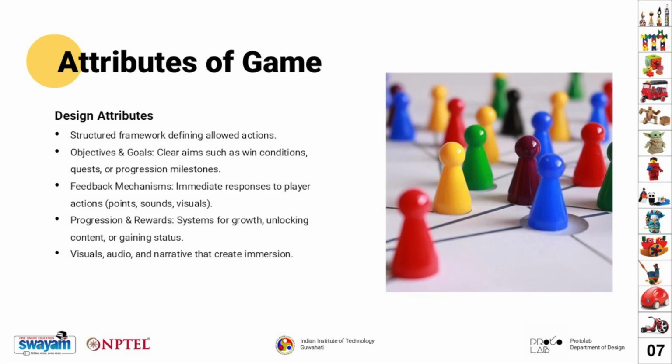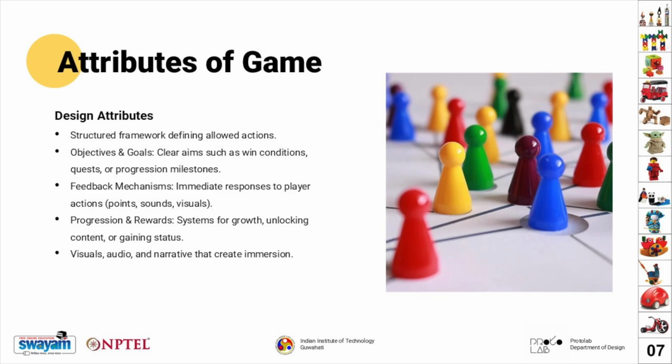Next, the design attributes. Games function within a structured framework that clearly defines what actions are allowed. They include objectives and goals, such as win conditions, quests, or progression milestones.